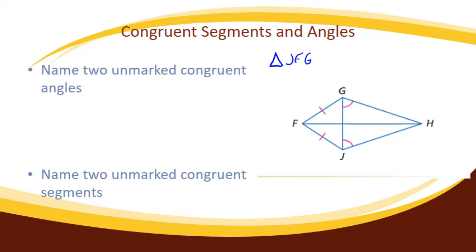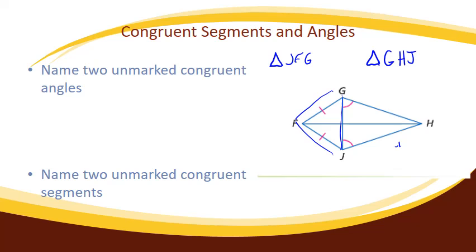And then I've got this triangle on this side, which I could then say is triangle GHJ. And I see that it's got two congruent angles. All right. So let's first look at this triangle right here.